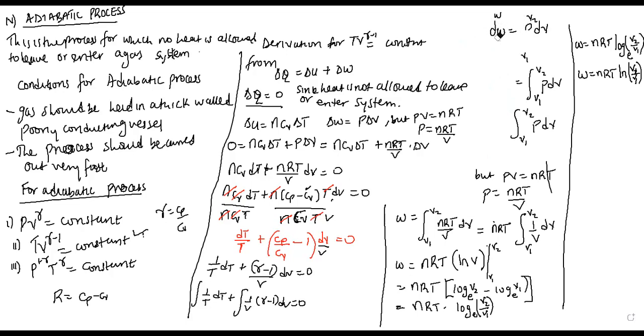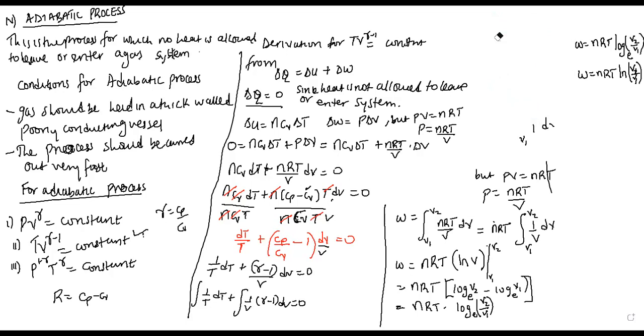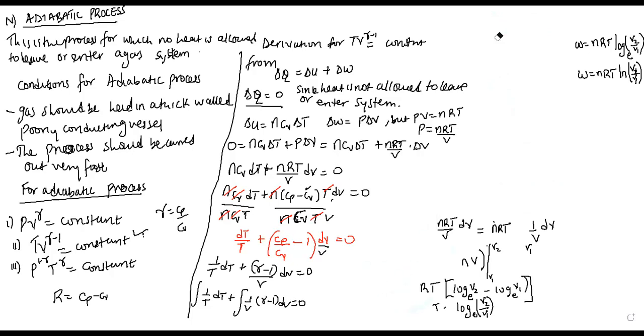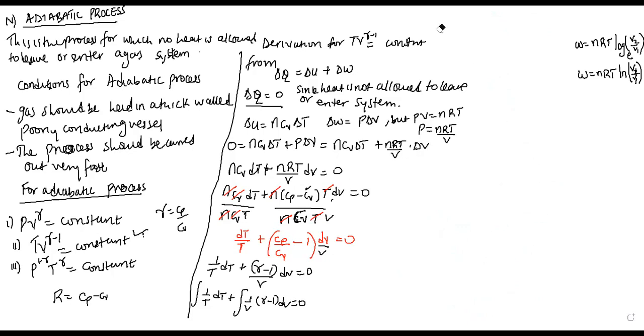So the constant can go on the right-hand side, and I can equate it to a constant, as I'm going to show you. The integral of 1 over T is natural log of T, plus natural log of V multiplied by (gamma minus 1), is equal to a constant.